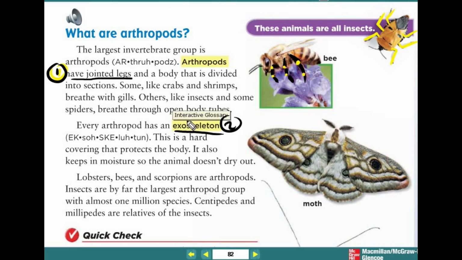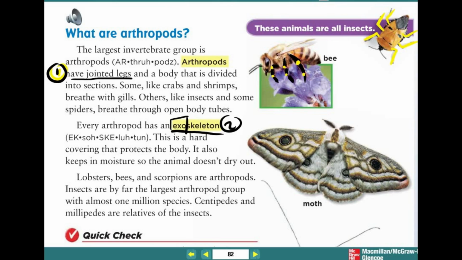Now this syllable here, exo, means outside, and endo means inside. If you remember the endoskeleton of the starfish and the sea urchins, it protects these organisms from inside. But on the other hand, the arthropods have exoskeletons, a hard covering that protects the body from outside.